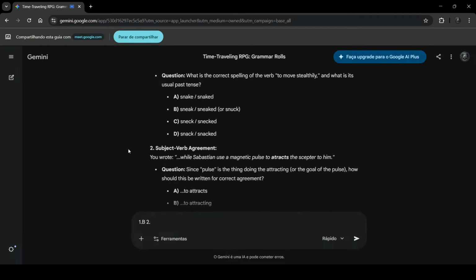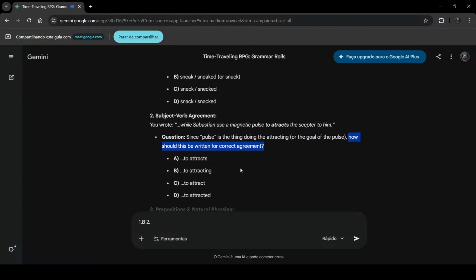Two. Subject verb agreement. You wrote, while Sebastian used a magnetic pulse to attract the scepter to him. Question. Since pulse is the thing doing the attracting or the goal of the pulse, how should this be written for correct agreement?